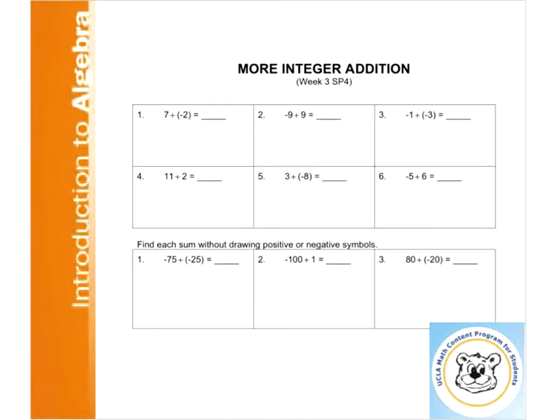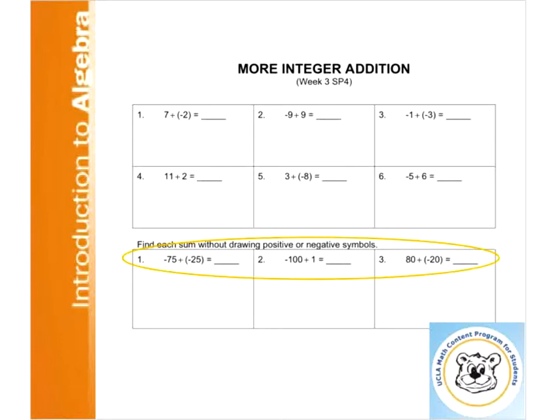On the bottom of SP4, you'll see some more practice problems. Okay. And then this last set of problems where it's numbered 1 through 3, which is really not 1 through 3, my computer just renumbered it for me. But these problems, you'll notice that the numbers are a lot larger. So the students really can't rely on their manipulatives.